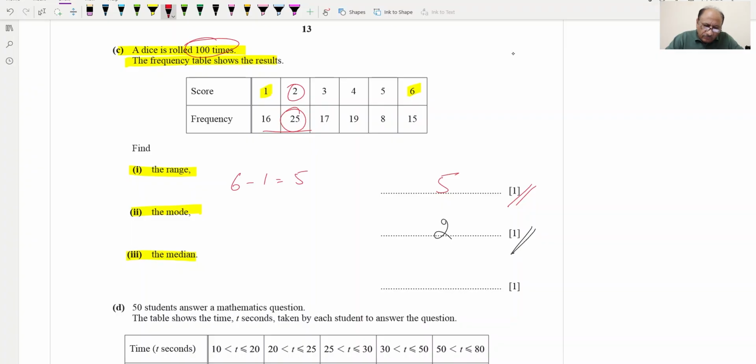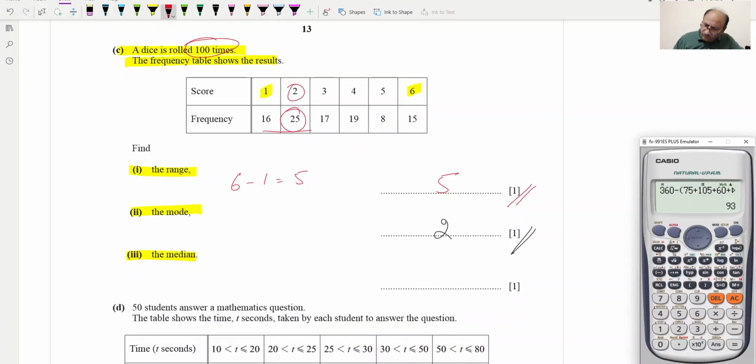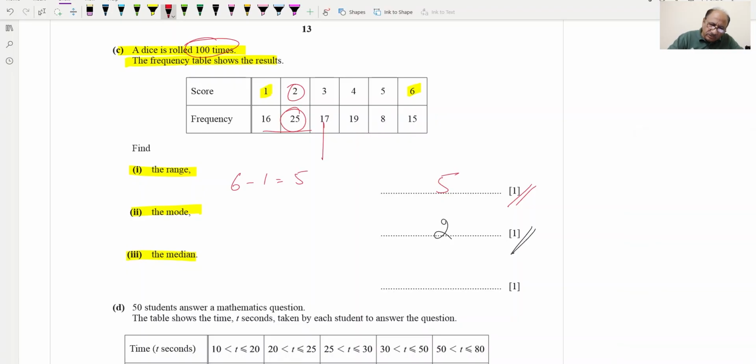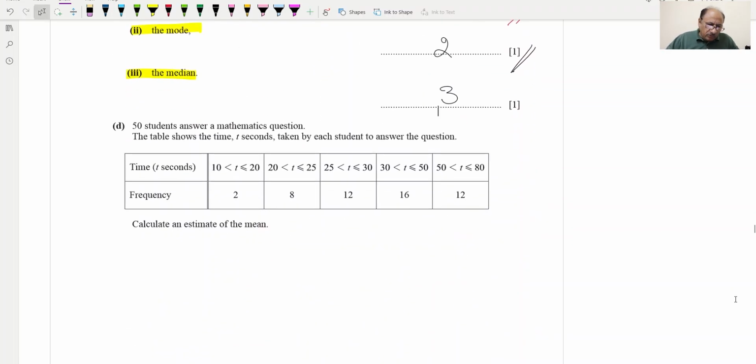So 50 plus 1, so 16 plus 25 will be how much? 16 plus 25 will be 41, plus 17 will be 58. So it will be in this one. So we are having 3 over here. So the median will be 3. Hopefully you understood this.